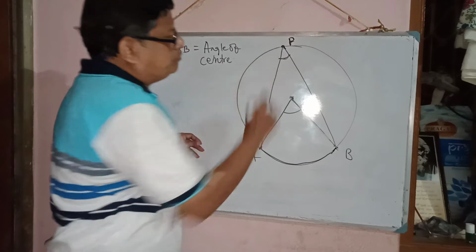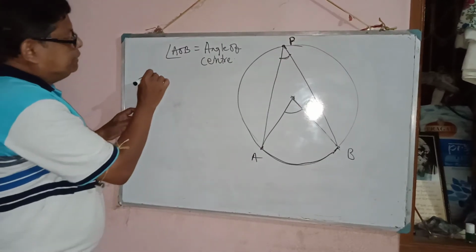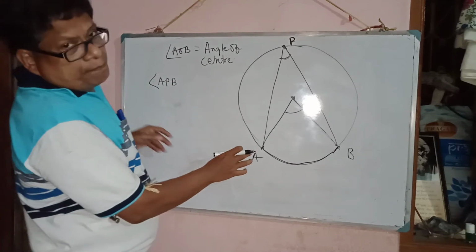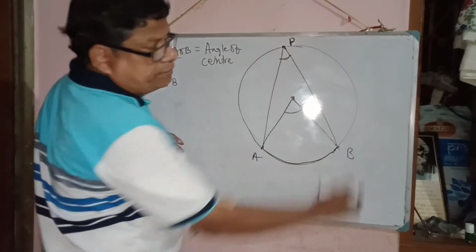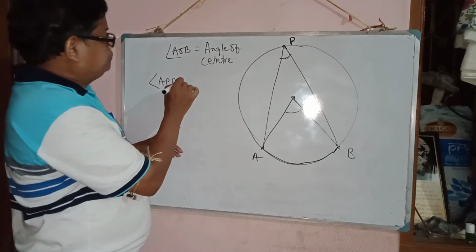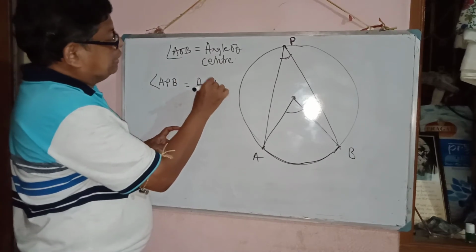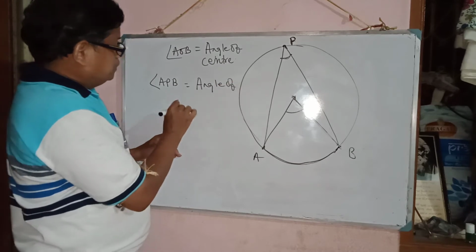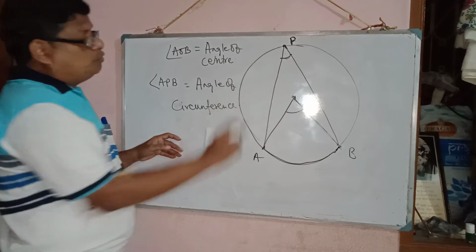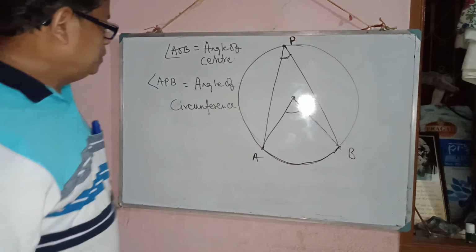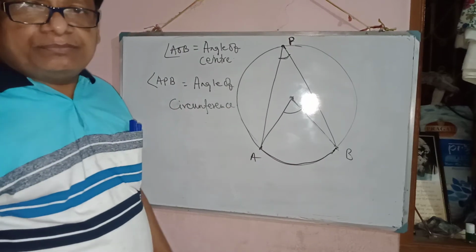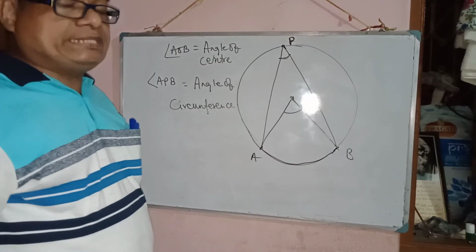See, this angle is formed. So angle APB, right? Angle APB is called the angle of circumference. So what is the relation between them? Keep in mind, one relation is there.